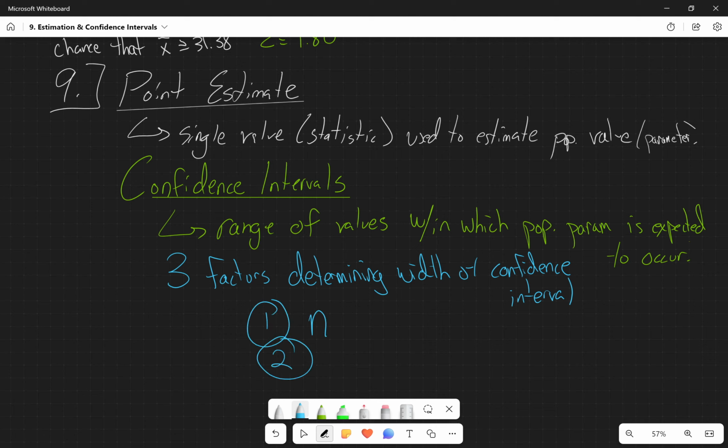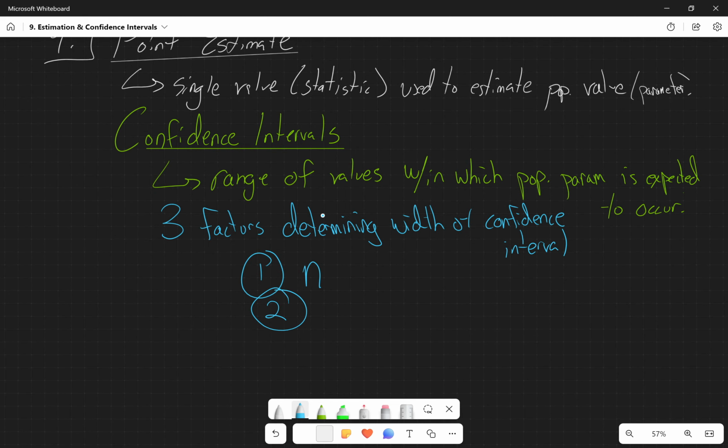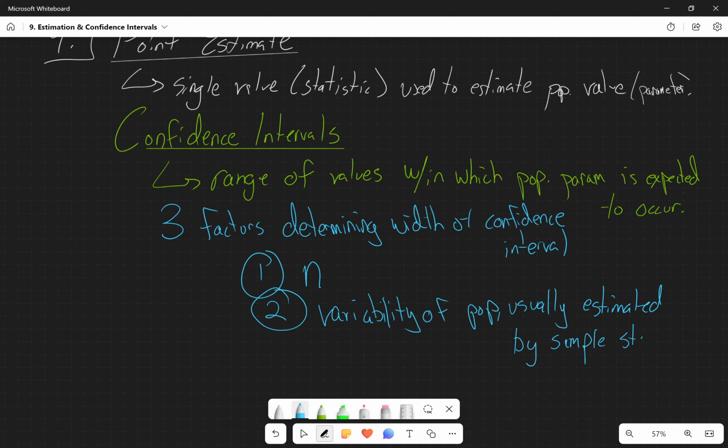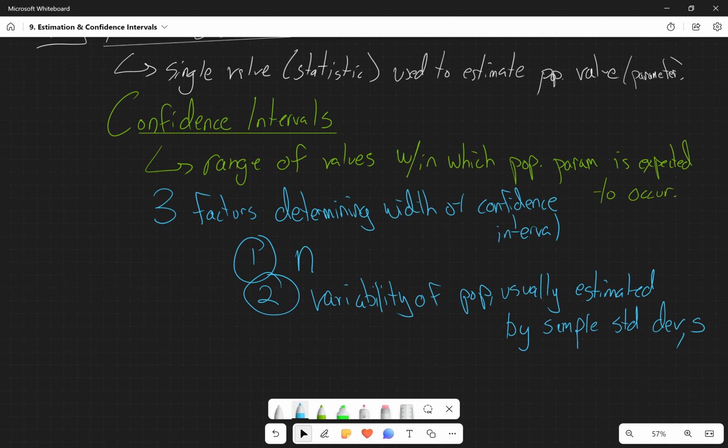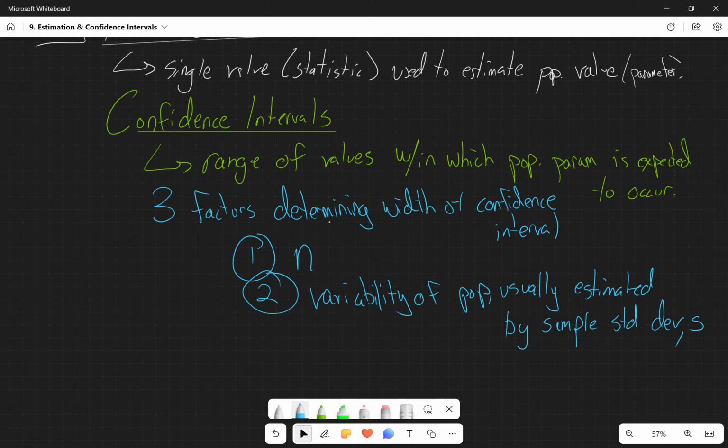The second one is the variability of the population, which is usually estimated by the sample standard deviation, which is just S instead of sigma. And then thirdly is the desired level of confidence.